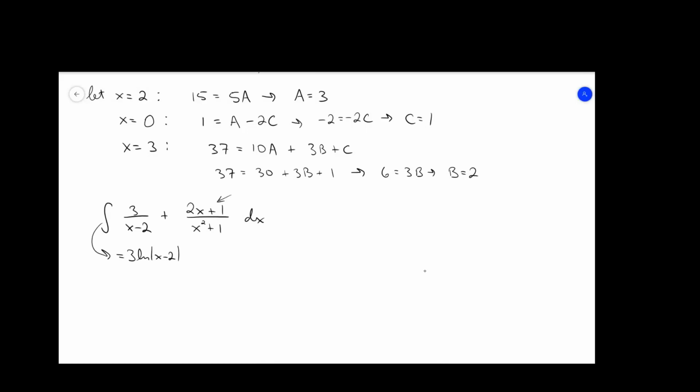That right there, we can write as integral 2x, we'll split it up over x squared plus 1, and then plus, in fact, I'm going to do that as a separate integral, plus another integral, 1 over x squared plus 1.